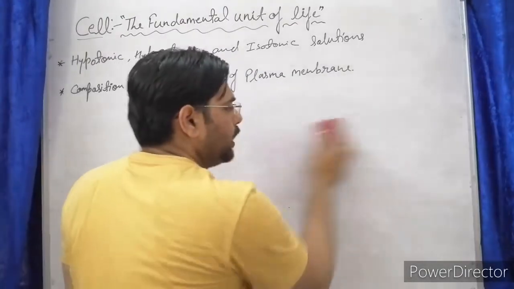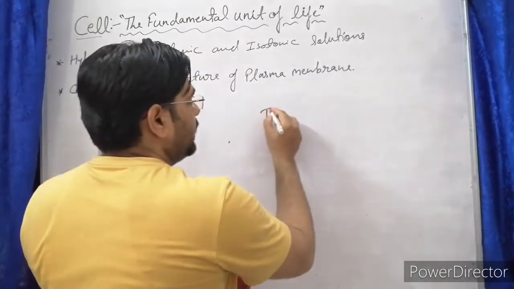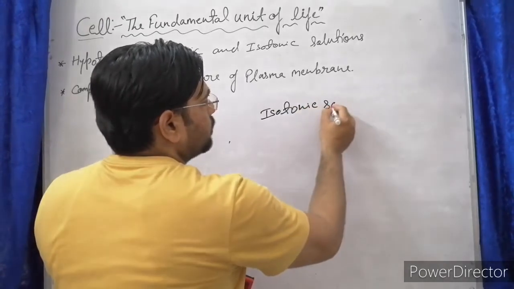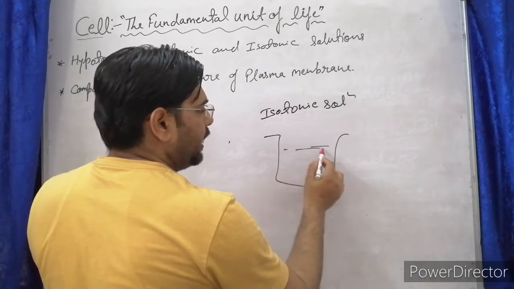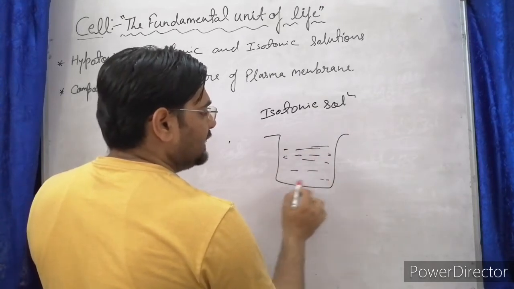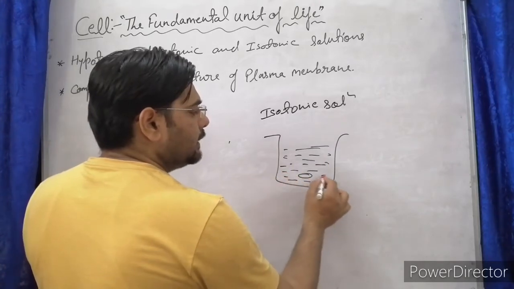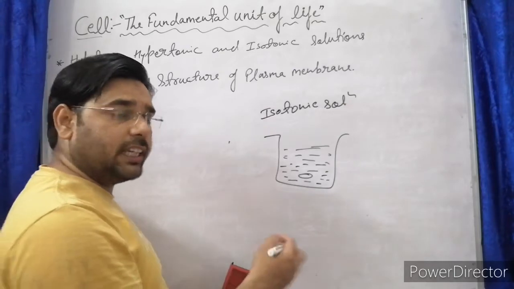What is an isotonic solution? Iso means same. Suppose this is the beaker, and I have taken a solution which has the same concentration of solvent as in the cell, meaning the concentration of solvent inside the cell and in the solution is the same.